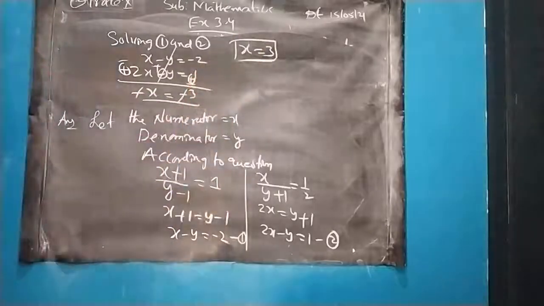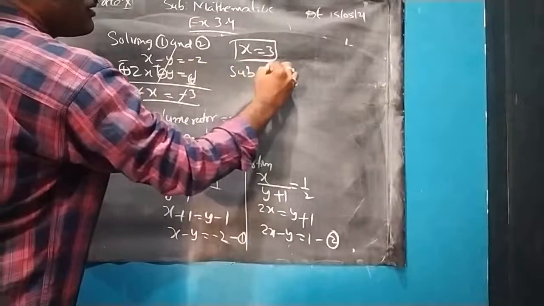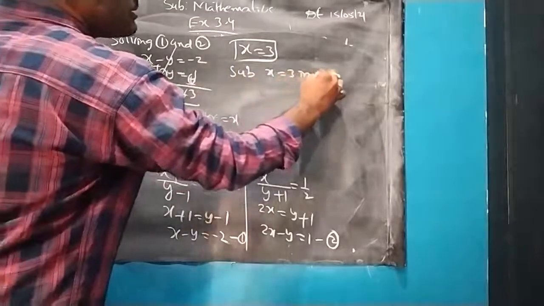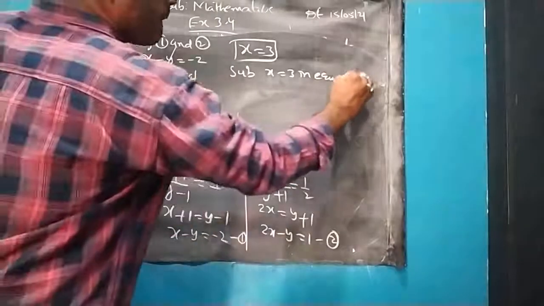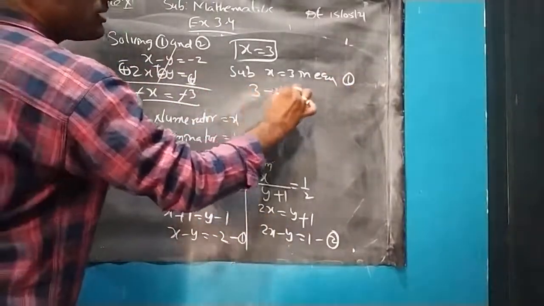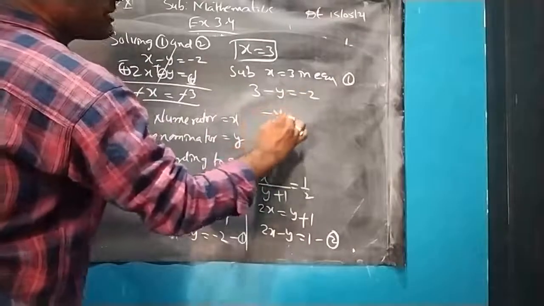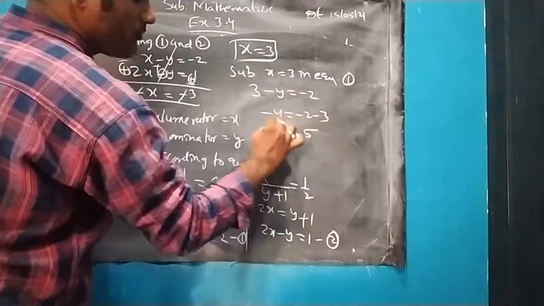Now substitute x is equals to 3 in equation 1. So 3 minus y is equals to minus 2. Minus y is equals to minus 2 minus 3, y is equals to 5.